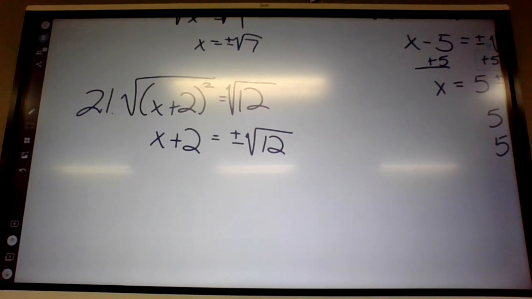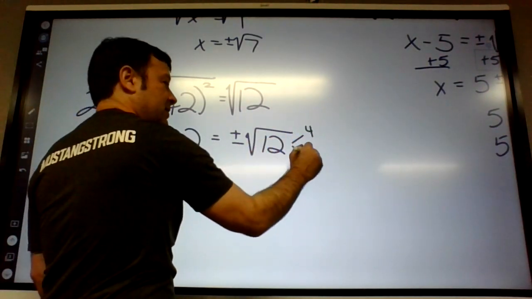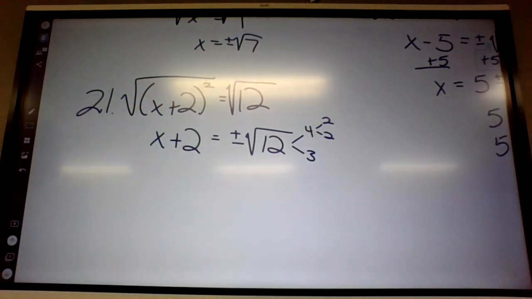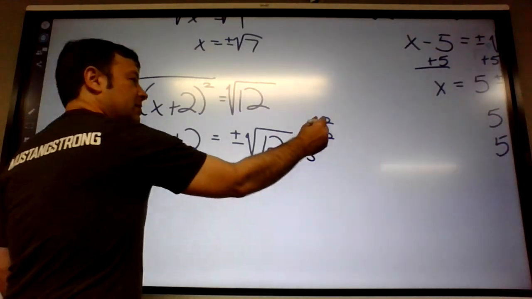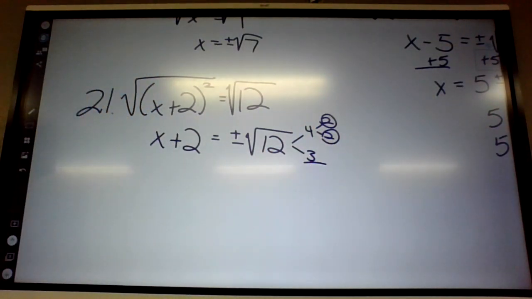Doesn't that 12 simplify? Okay, does square root of 12 simplify? Yeah, because it's got a 4 in it, got a double 2 in it. So we're going to turn that into 2 square root of 3.